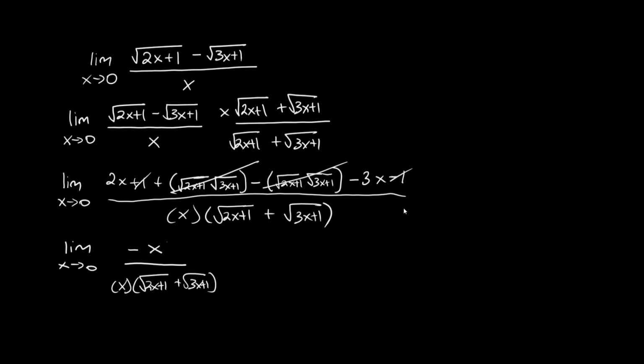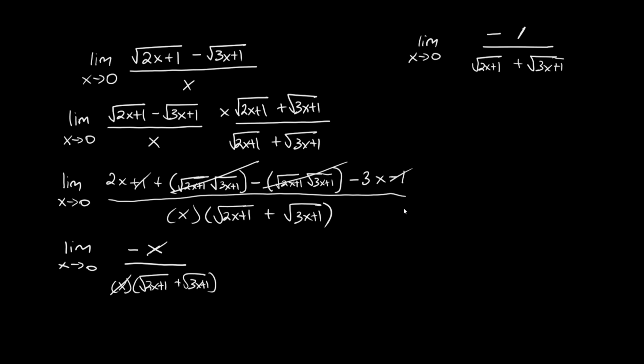Now these two would cancel, and this will become the limit as x approaches 0 of negative 1, sorry, divided by the root of 2x plus 1 plus the root of 3x plus 1.